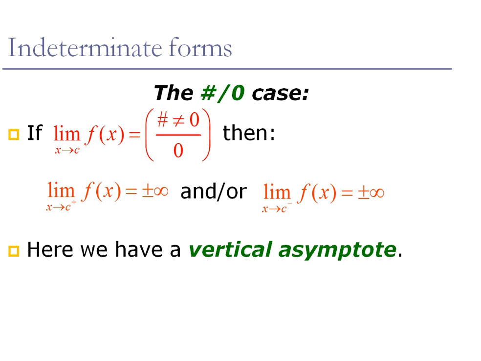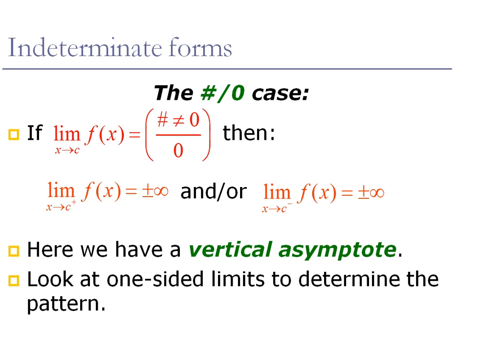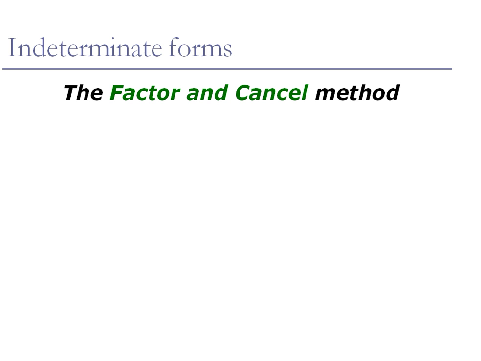So we can guarantee a vertical asymptote. But what we need to do is look at the one-sided limits separately in order to determine exactly what is happening and what is the pattern of the function around the vertical asymptote. So again, do remember that in the case of number over 0, the two one-sided limits need to be analyzed.